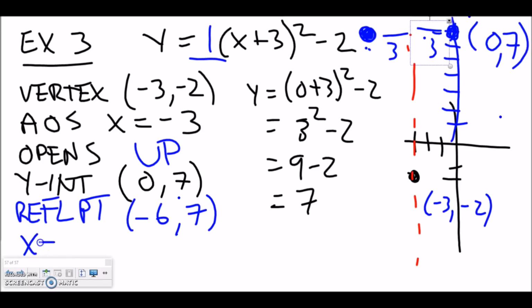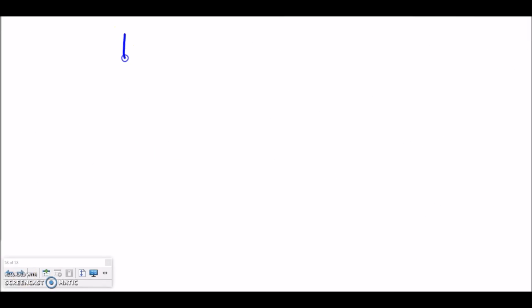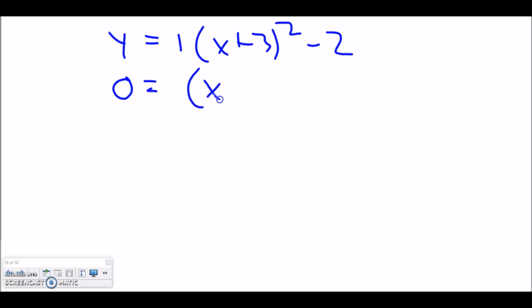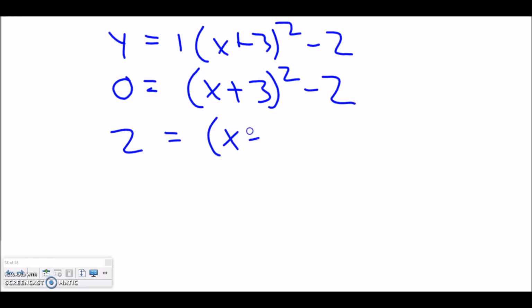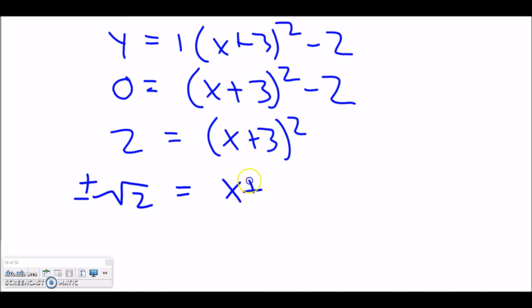And the last thing is our x-intercepts. I'll go to a new slide because we're going to let y be 0. Add the 2 to both sides, take the square root of both sides, subtract 3.